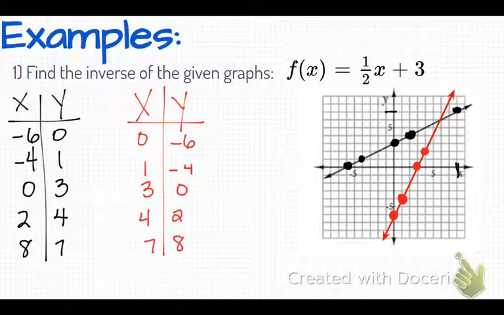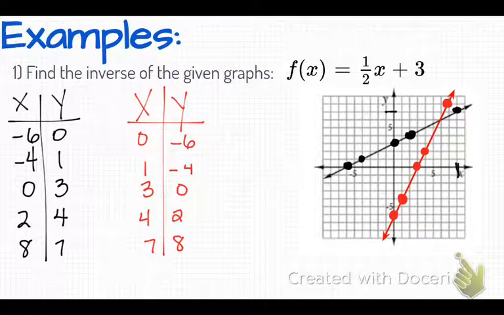Over 7, up 8. Is that a point? Okay, so what did you tell me happened with the x's and the y's with the two tables? Yeah, they inverted. We switched the x and the y value. So if you forget, another way to think of this is my black y and my black x, and I switched the values, okay? Now, those are inverses of each other.